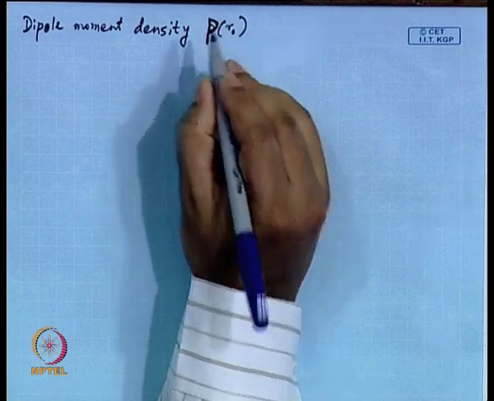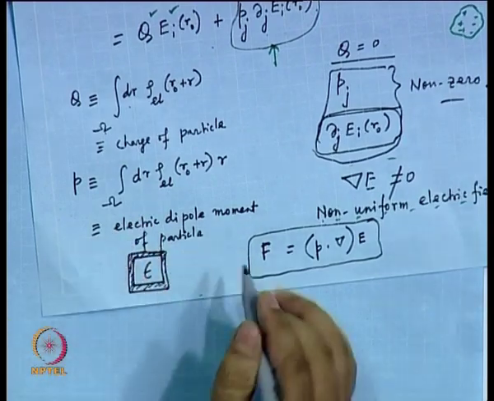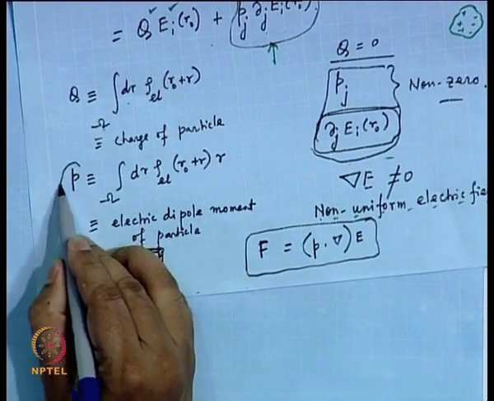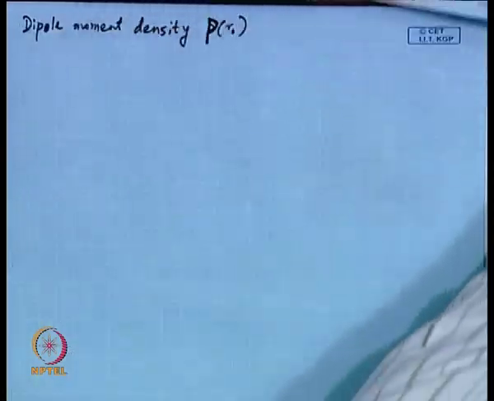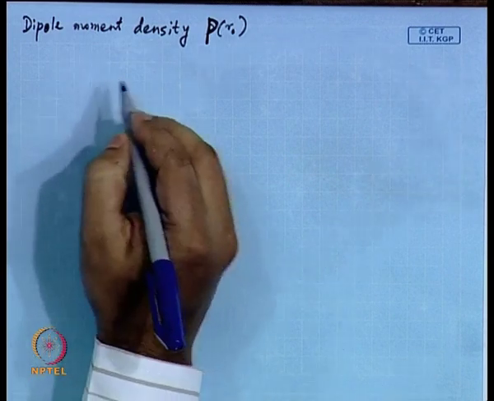To differentiate this, we had a small p here, which is the electric dipole moment of particles. So, this is a small p, and we have to differentiate, so we have capital P here.